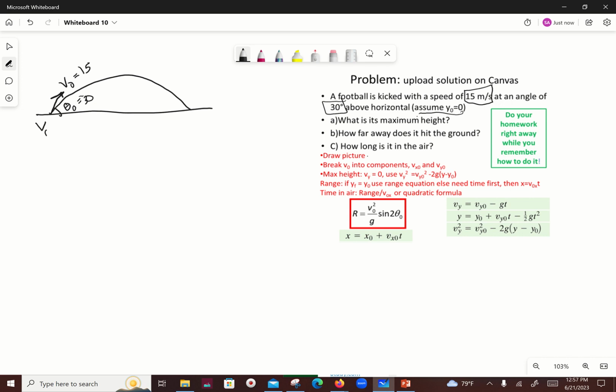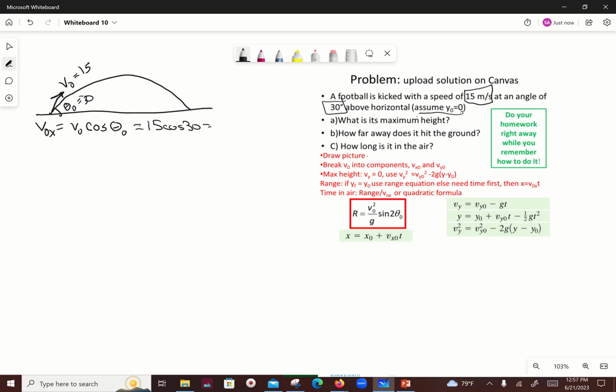So remember, V0x is V0 cosine of theta 0. And so I've got V0 is 15, theta 0 is 30.